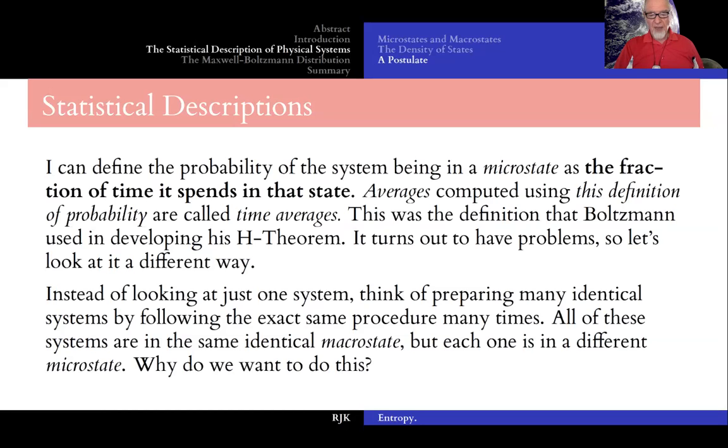And then we can do averages using this definition of probability, which are called time averages. This was the definition that Boltzmann actually used in developing his H theorem. It turns out there are some problems with that. So we're going to take a look at it in a different way.